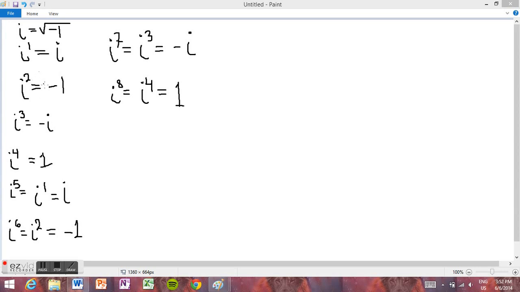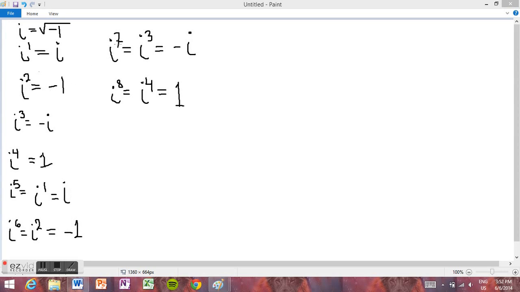If you go down to i to the power of 6, it equals i to the power of 2, which you can go back and see that i to the power of 2 equals negative 1. So i to the power of 6 actually equals negative 1. Same goes for i to the power of 7, which equals i to the power 3. You can go and see that i to the power 3 equals negative i. So i to the power of 7 equals negative i.